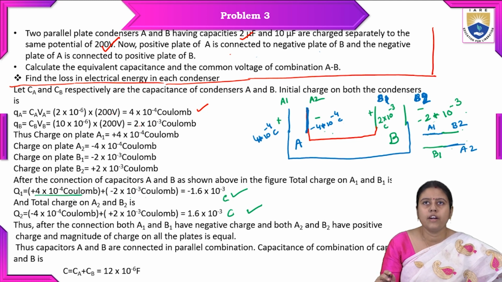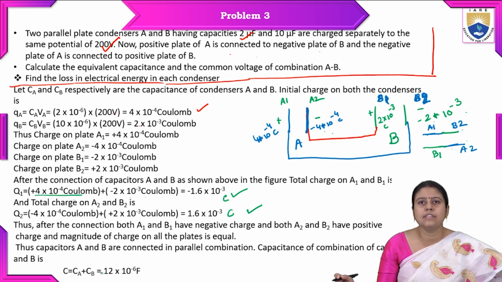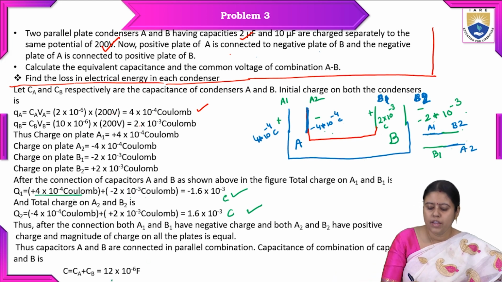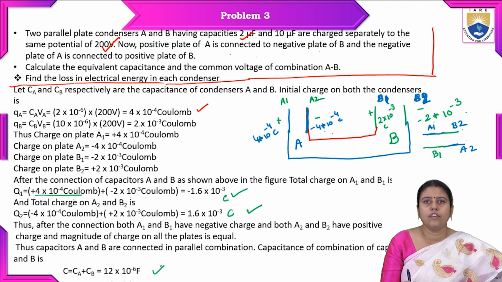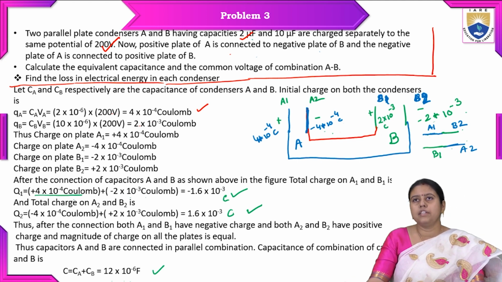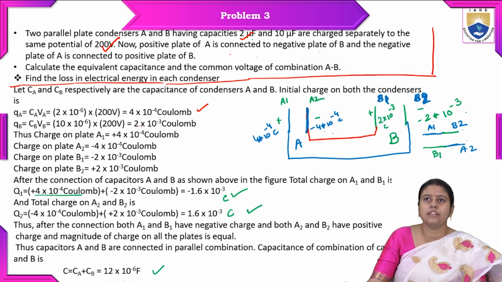So the total capacitance is CA plus CB. CA plus CB gives the overall capacitance, which is 12, because 10 plus 2 is equal to 12 microfarad, 12 into 10 to the power -6 farad. How? CA is given as 2 microfarad, CB is given as 10 microfarad. If we add these two, we get 12 microfarad.